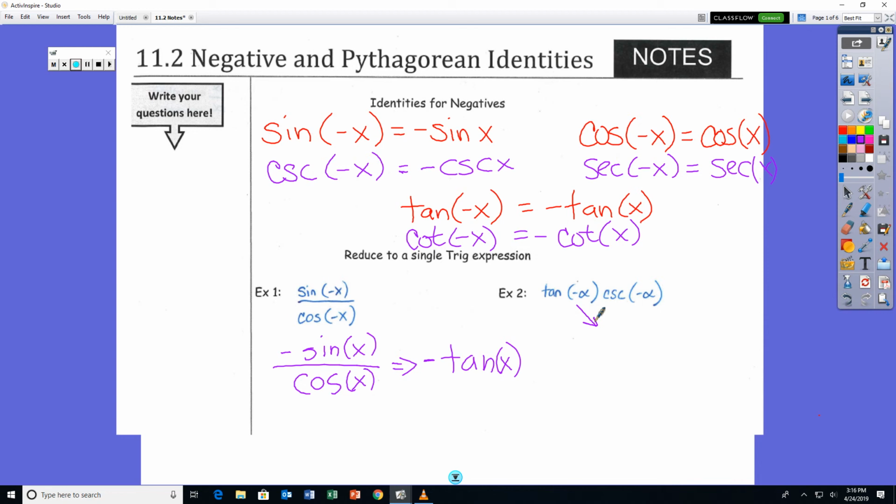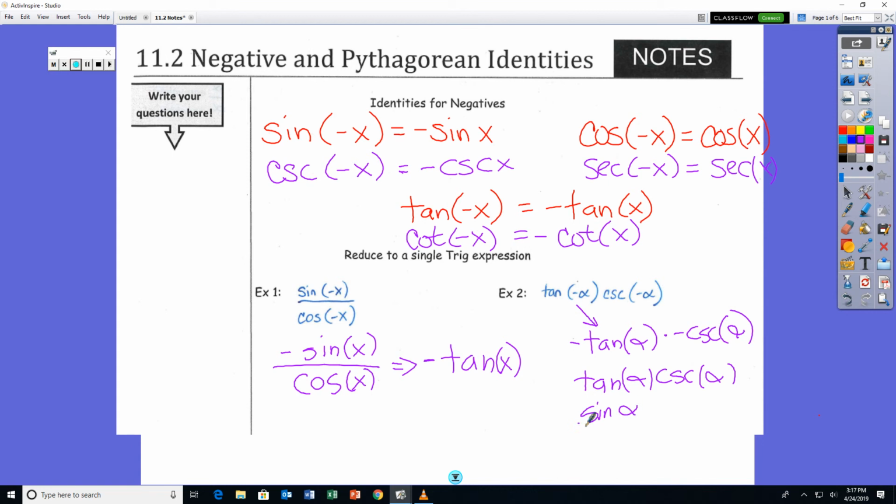Same thing over here. We have negative tangent of alpha. Cosecant, negative cosecant, so that's times a negative cosecant of alpha. We have a negative times a negative. That gets us a positive amount. So positive tangent times cosecant. And we're going to want to switch each of these into terms of sine and cosine.